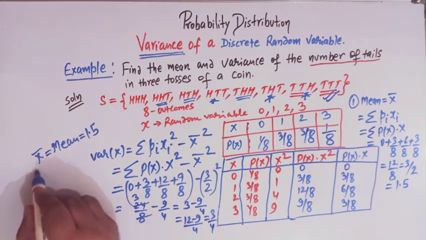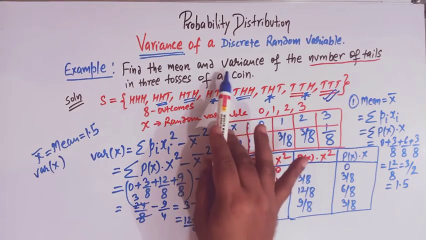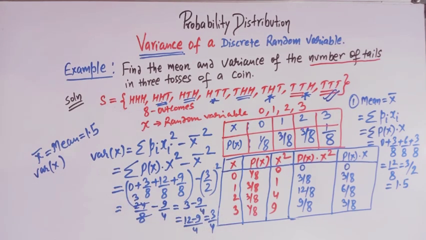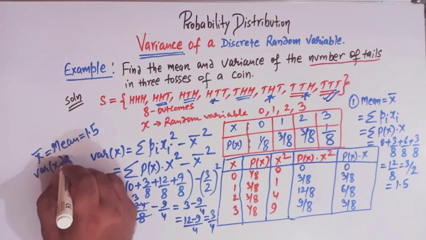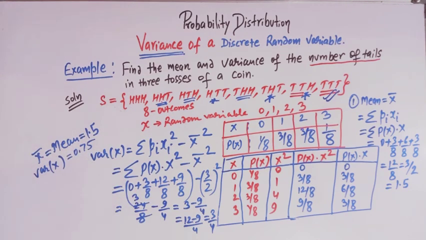The variance of this random variable is given by 3 by 4, and 3 by 4 can be written as 0.75. Clear?